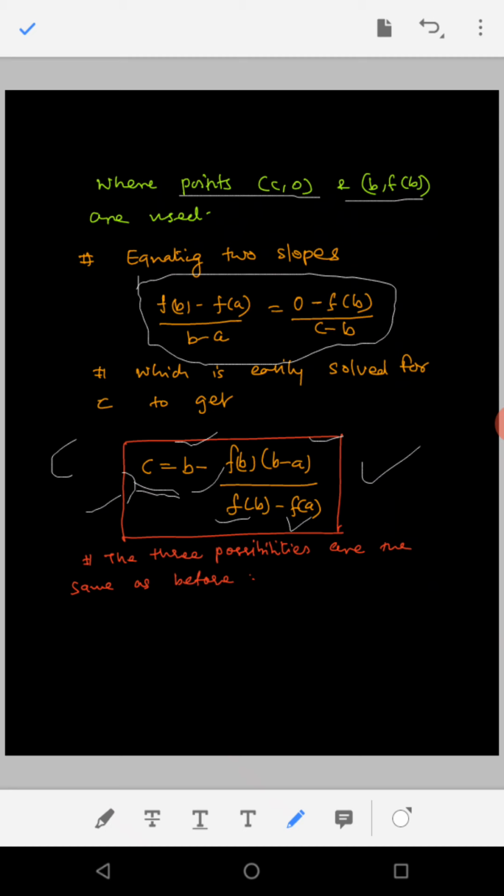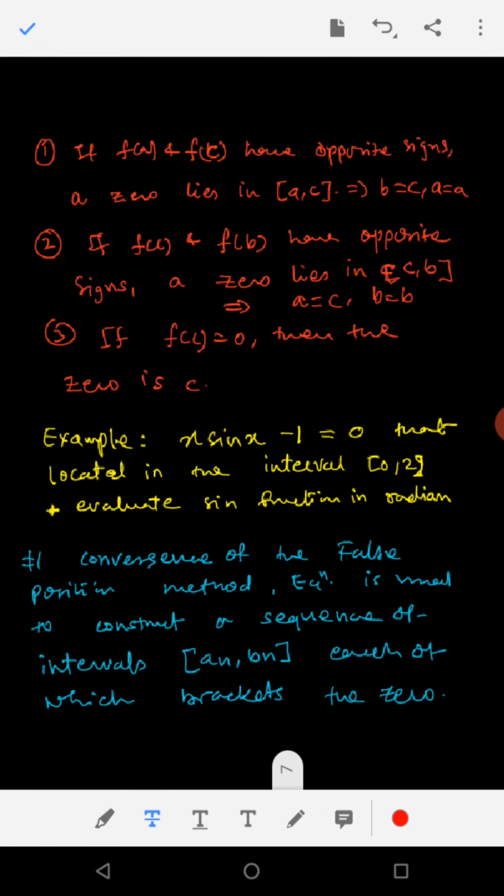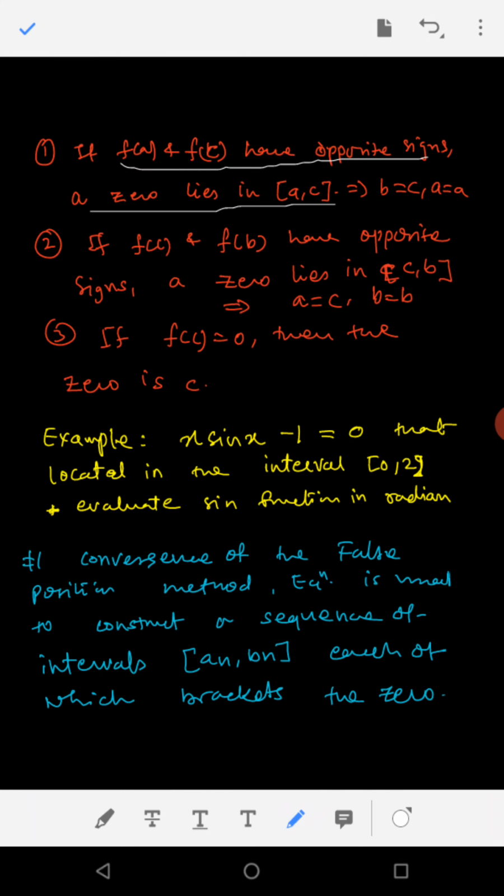If fa and fc have opposite sign, then a 0 lies in AC, then take B equal to C for the next iteration, and take A equal to A. Second possibility, if fc and fb have opposite sign, a 0 lies in the interval CB, then take A equal to C and B equal to B for the next iteration, and evaluate the function again.